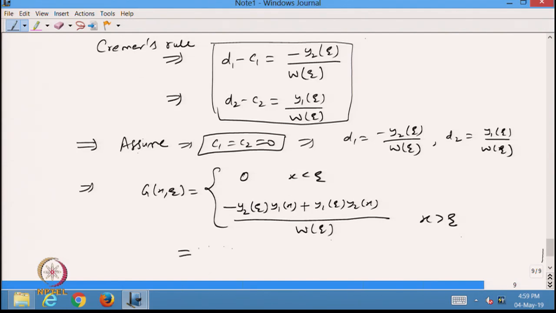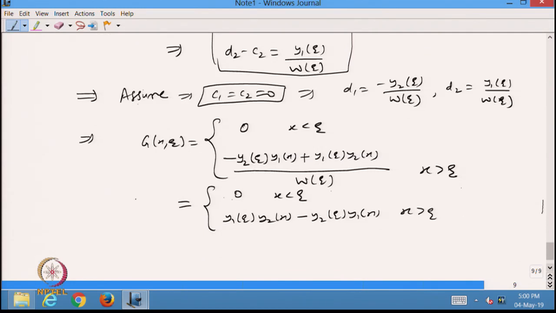So, I can define this as y1(xi) y2(x) minus y2(xi) y1(x) when x is greater than xi. So, this is my Green function.